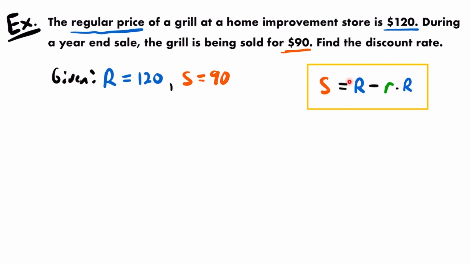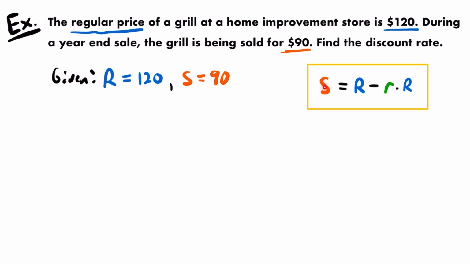So let's set up this equation. Using the values we have, we'll replace each of the regular prices with 120 and replace S with 90. Once we do that, we'll have an equation where the only thing we don't know is that discount rate R, which we will be able to solve for using our equation solving skills that we have developed earlier in algebra. So let's set this up.